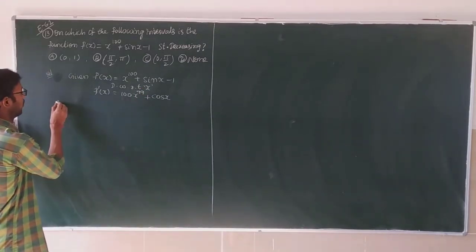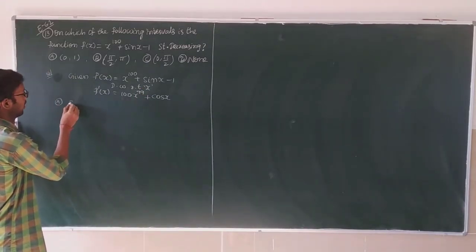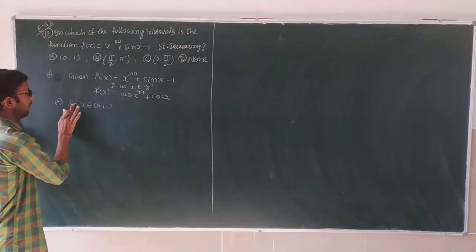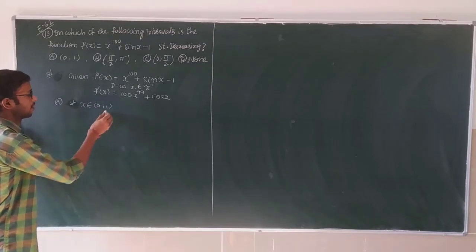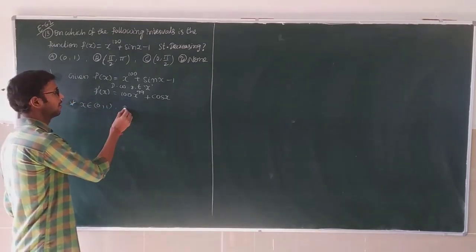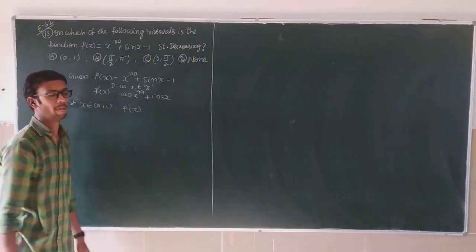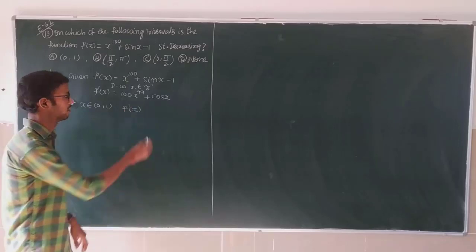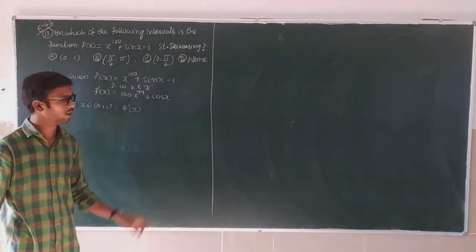Now A: for every x belonging to 0 comma 1, is the f dash of x value positive or negative? Taking 0 to 1 and substituting, this value is positive.